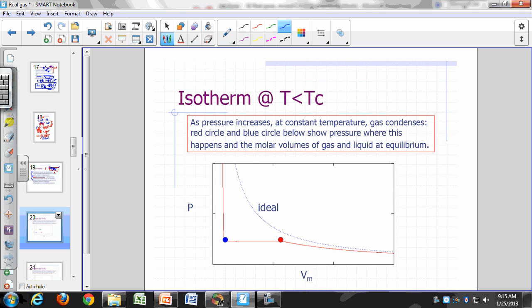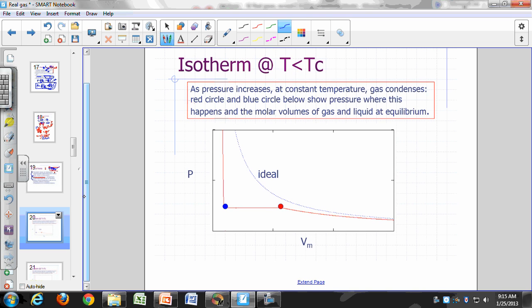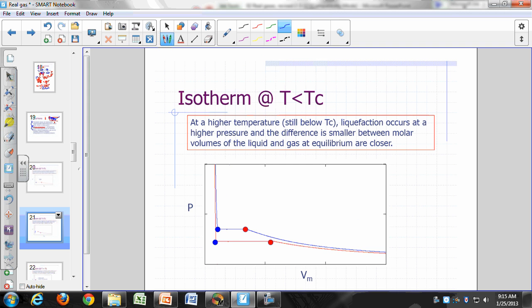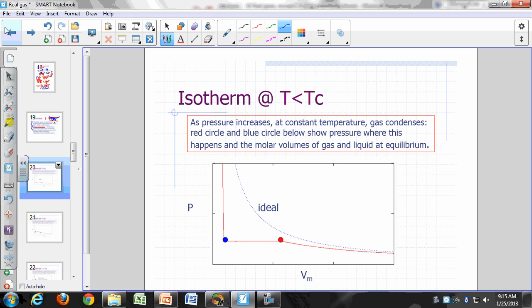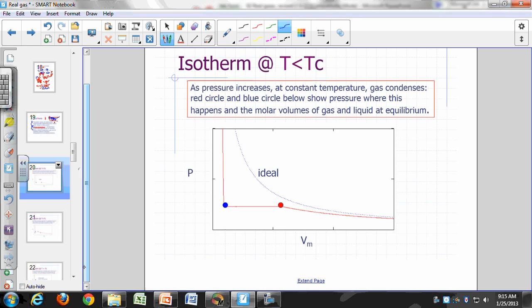So let's illustrate. Here's a PV isotherm, right? So this might be the isotherm down here at a low temperature. So what happens here? You're squeezing the gas, you're raising its pressure, right? Pressure goes up gradually.